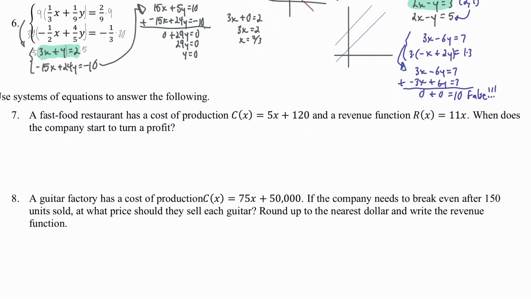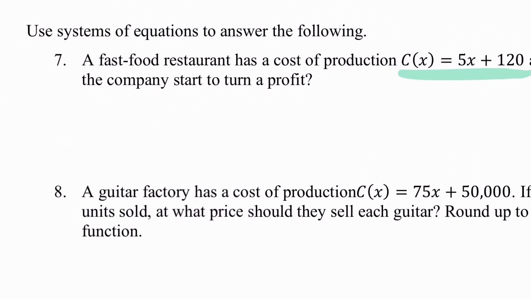Okay, well, basically, this cost function is a straight line. When you graph it, you get a straight line. And this revenue function is also a straight line. If you graph them, you get something like the following. It's certainly not going to be super accurate, but it looks something like this.